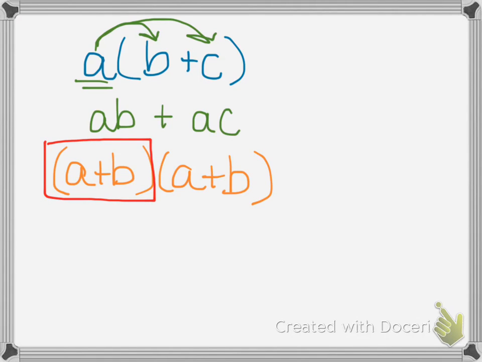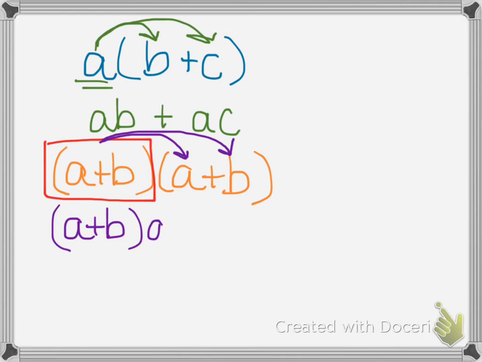I'm not going to think of it separately. So I'm going to do this a plus b times a. Let me show this with arrows. So I'm going to use this a plus b times a, and I'm going to do a plus b times b. So I've got a plus b times a, and then I have to add that to this a plus b times b.